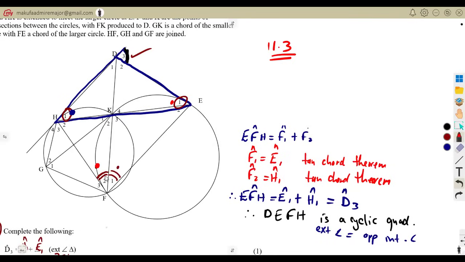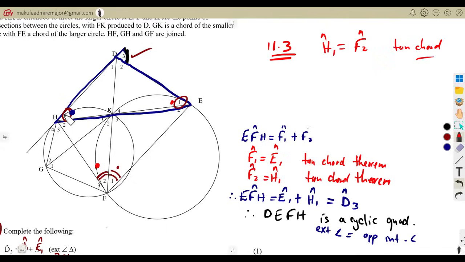All right, remember before we said angle H1 and F2, they're equal from our tan chord theorem. Remember we talked about this before. Angle H1 and F2, we say they're equal from our tan chord theorem. Remember that. All right. And we said H1 is related to F1 from where?